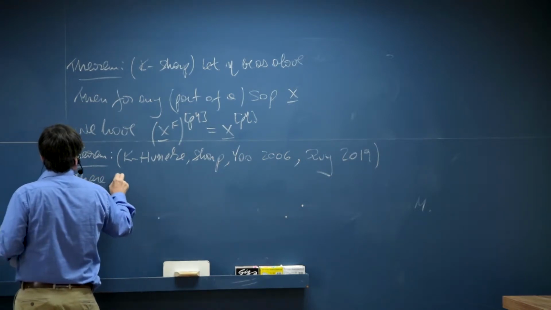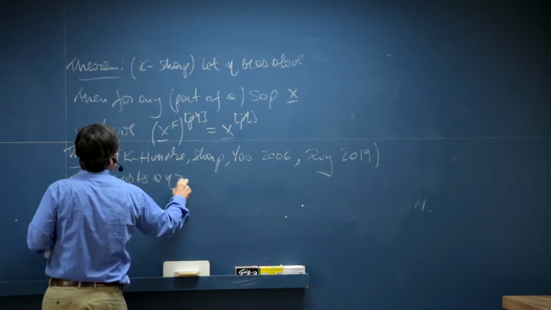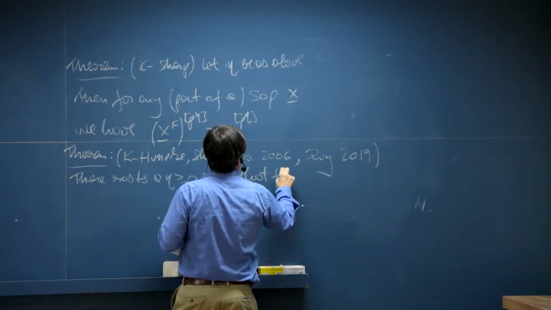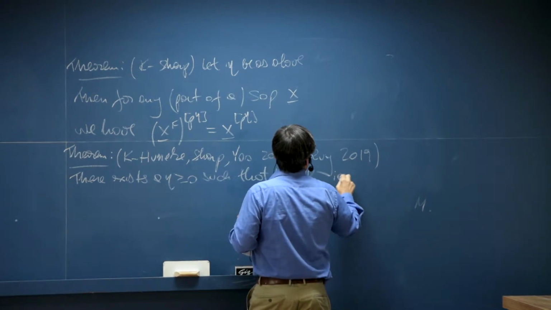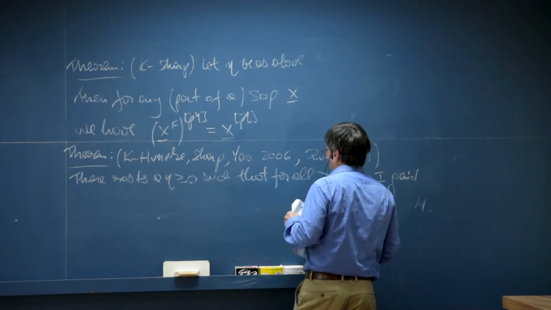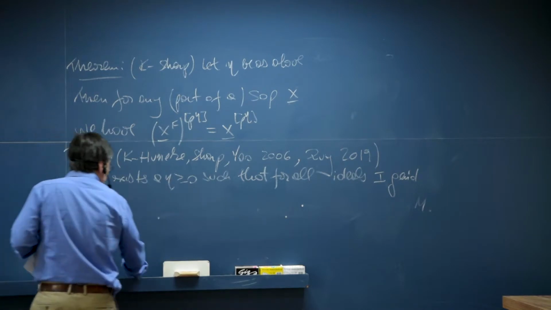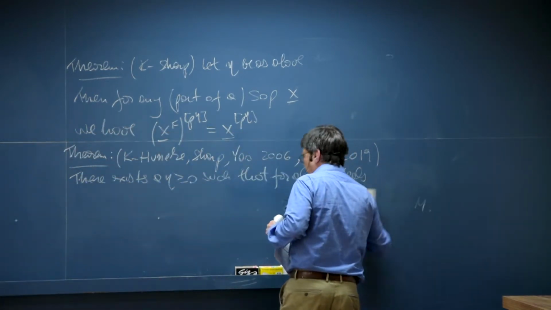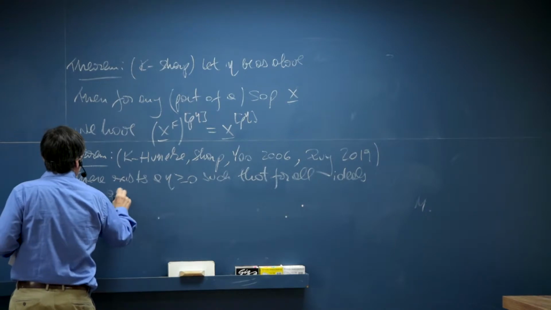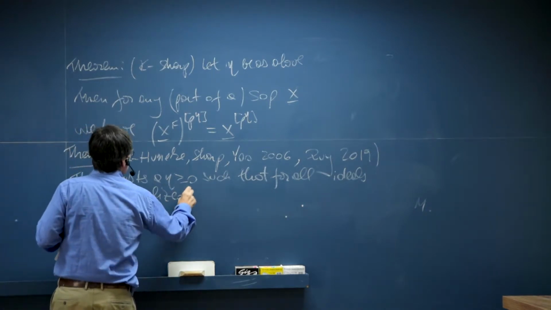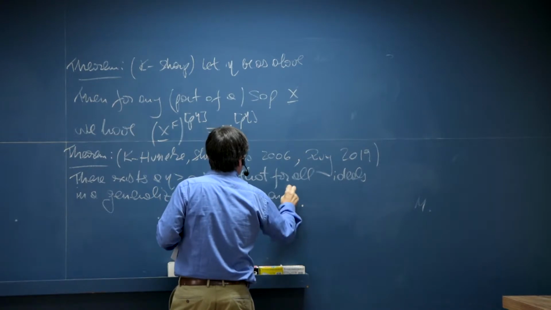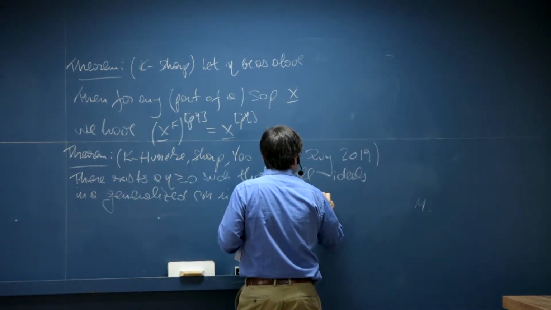There exists an eta greater or equal to 0 such that for all ideals I, I want to expand the class of rings I'm working with, all ideals in a generalized Cohen-Macaulay ring generated by part of a system of parameters.